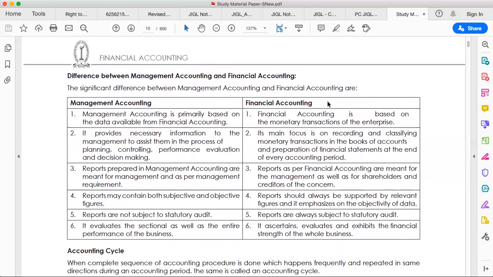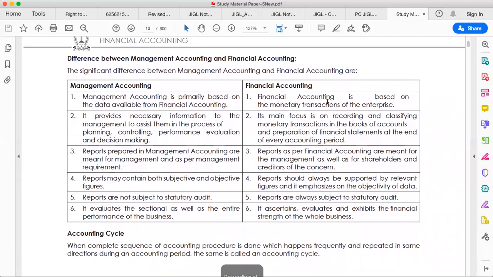Now the difference between management accounting and financial accounting. Management accounting is primarily based on the data available from financial accounting. So management accounting is dependent on financial accounting. Financial accounting is done on the basis of monetary transactions, whatever transaction you do which has some money involved. Then management accounting provides necessary information to the management to assist them in the process of planning, controlling, performance evaluation, and decision making.